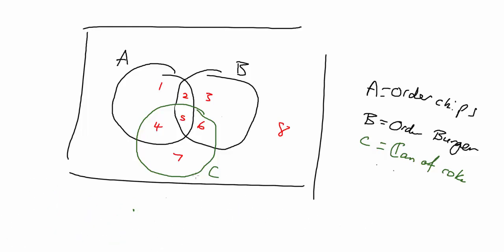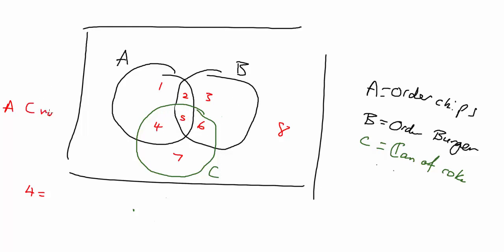Okay, so for example, let's pick randomly area 4. You want to look at the big main circles. Can you see area 4 is in A? It's in A. 4 is also in C, but it's not inside the B circle. The B circle consists of 2, 3, 5, 6.